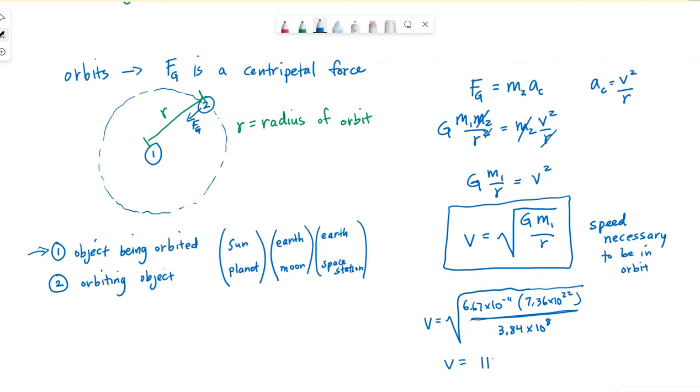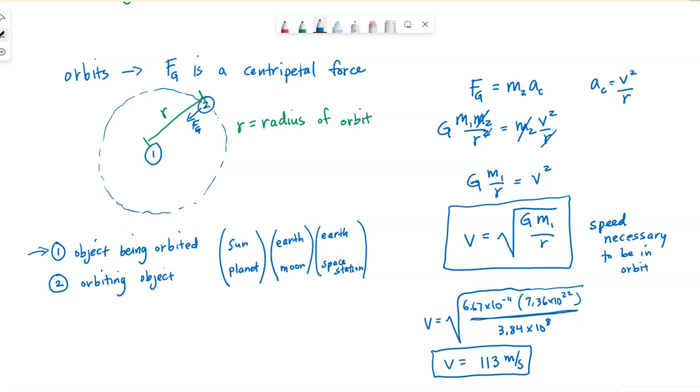So the moon, to maintain its circular orbit, assuming a perfectly circular orbit because we're accounting only for the centripetal acceleration, would have to be traveling at exactly 113 meters per second.